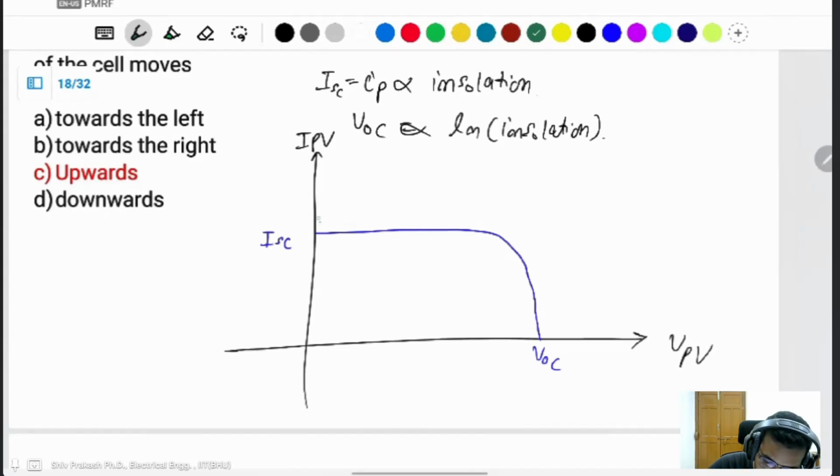Suppose insolation increases by 5 units. In the logarithmic relation, log of 5 is only about 1.6, so the current will increase 5 times, but the voltage will increase only 1.6 volt. That's why the curve looks like this. Same thing if you increase more, it will be shifted like that.